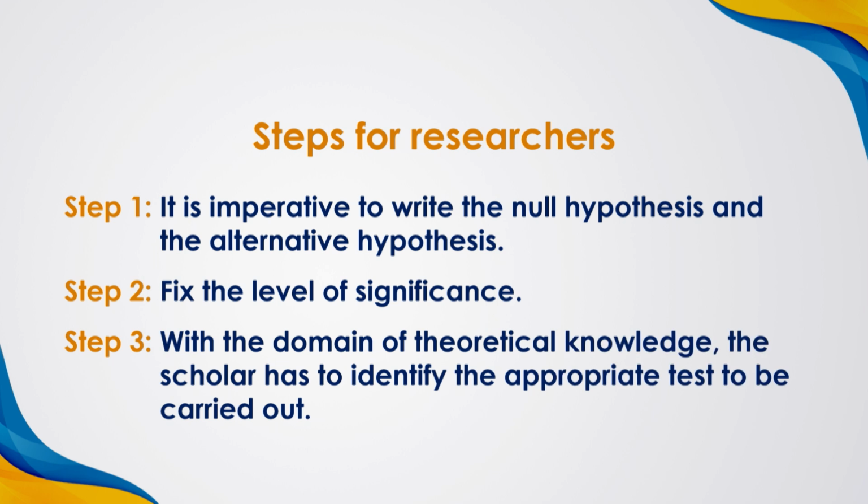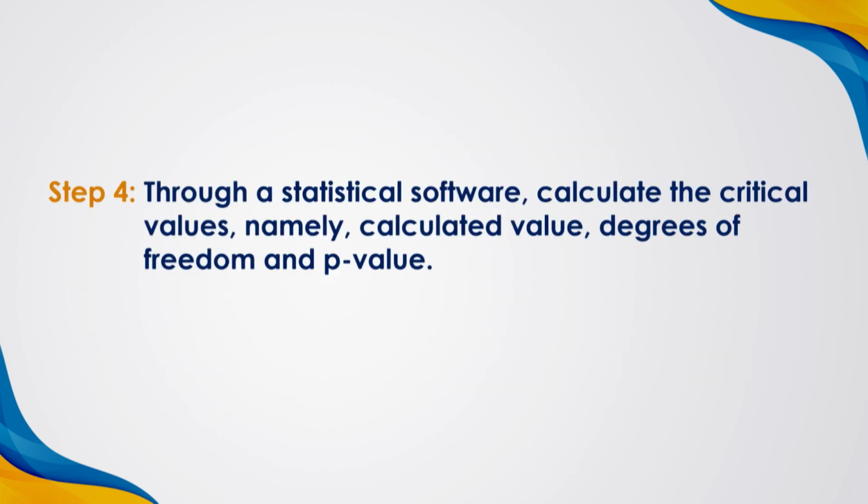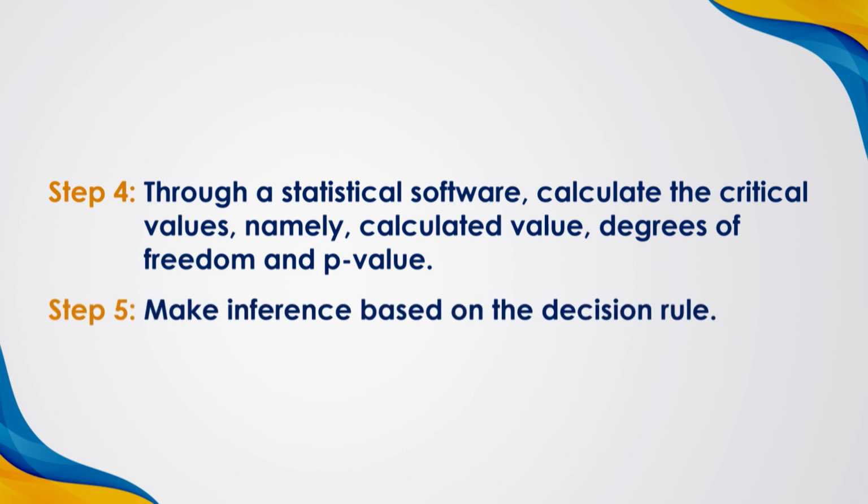In step 3, with the domain knowledge of statistics, we have to select the appropriate test, that is, the proper test must be selected among the several tests. In step 4, you have to use software, and with its help calculate the critical value or p-value. Step 5, make inference based on the decision rule. Therefore, any researcher solving a problem must strictly follow these 5 steps in logical order.